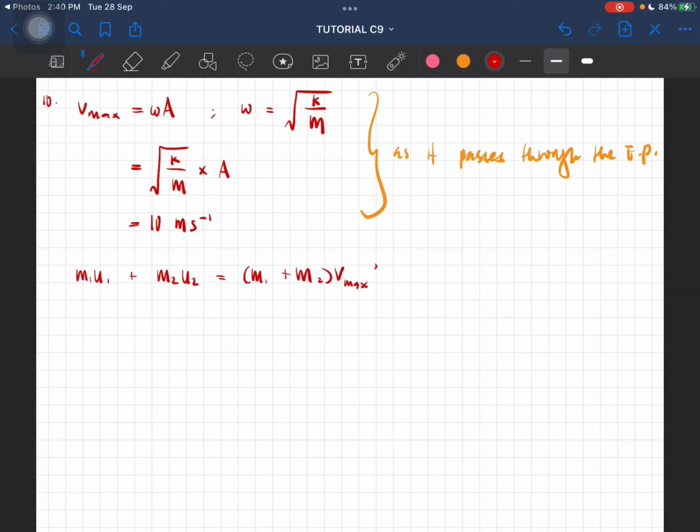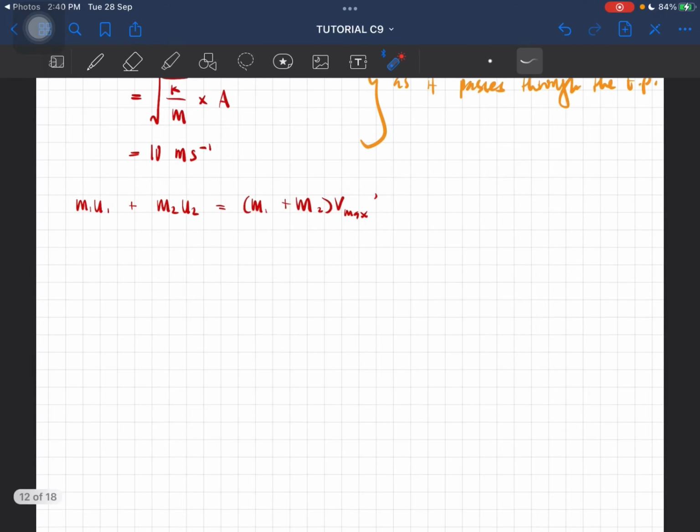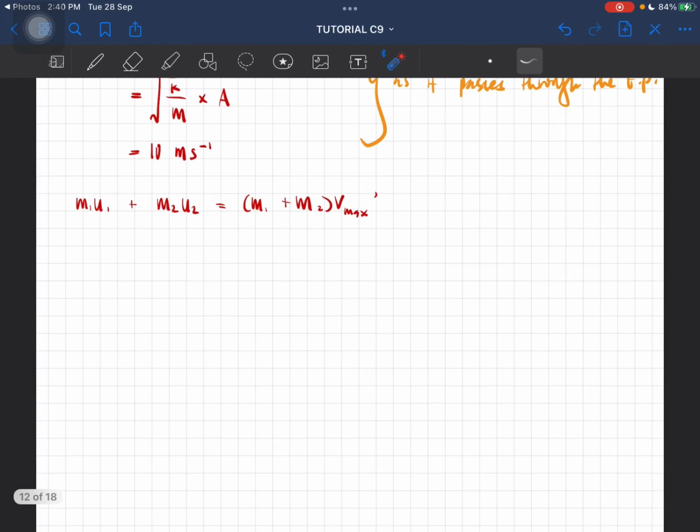After this, when the 6 kg object is dropped on top of the 4 kg object, the 4 kg one, we've calculated just now, is 10. I'm going to put U1 as the Vmax, plus M2, which is 6 kg.